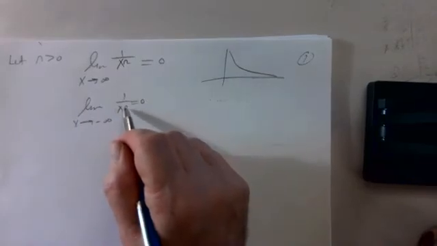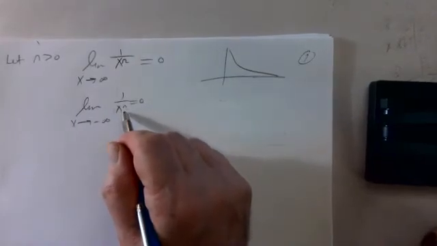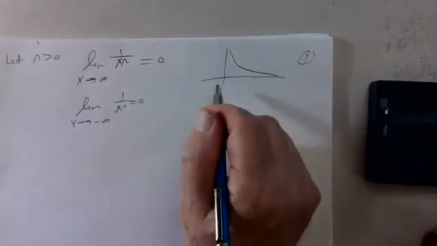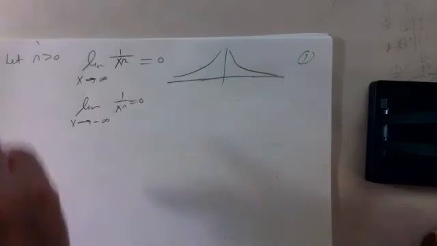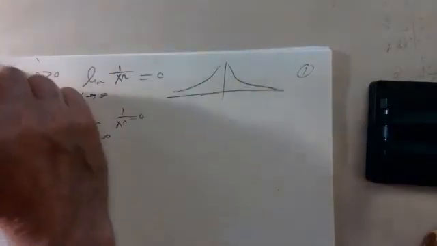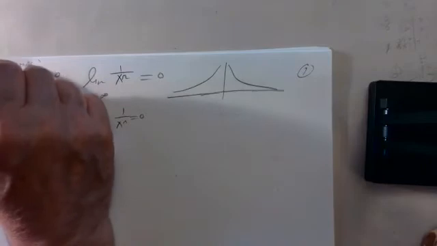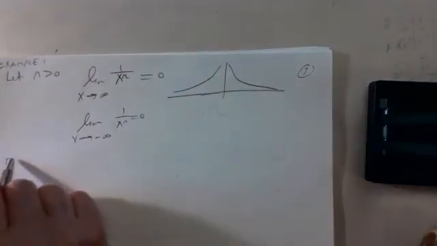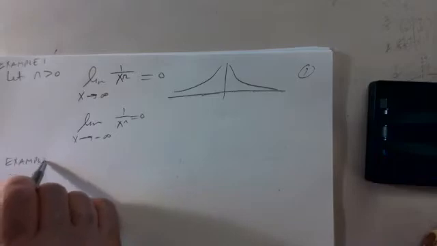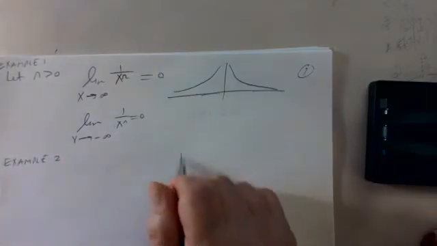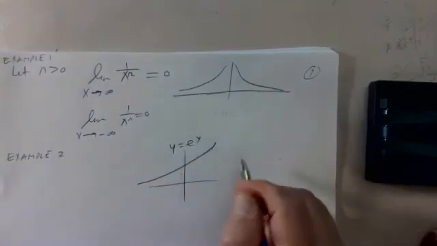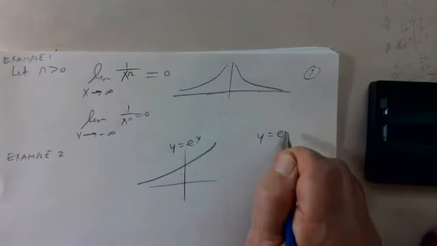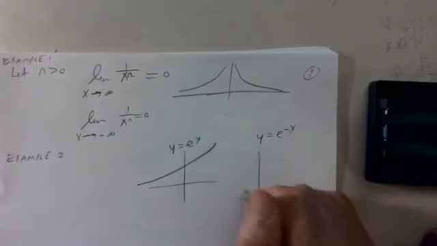This is example 1. And example 2: remember the graph of the function y equals e to the x. It looks like that. And remember the graph of the function y equals e to the minus x.